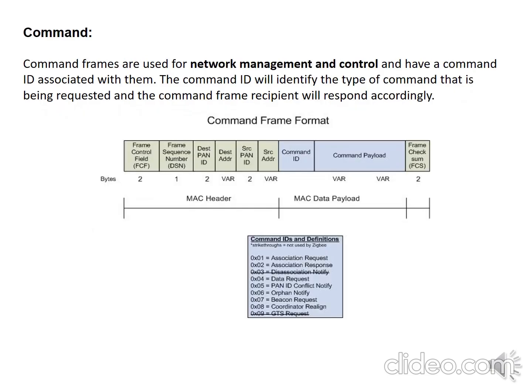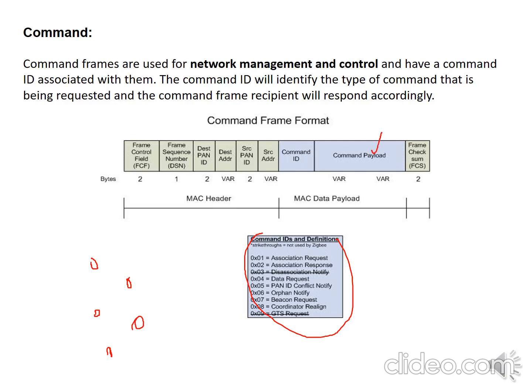Command is the third type of frame, and that is used because sometimes we need to send commands to the nodes. So these are the command types. The rest is the same: FCF, sequence number, network ID, destination address, source address, and command ID. This is the command payload.